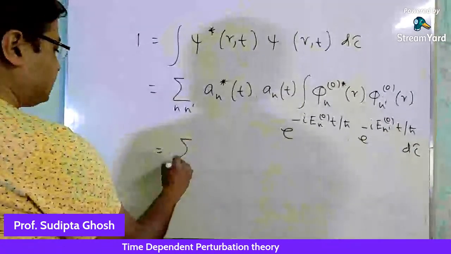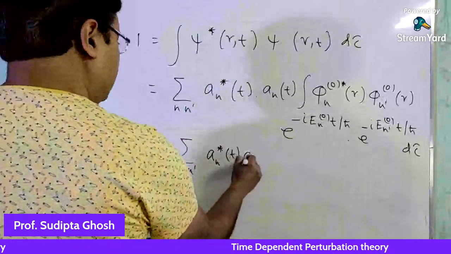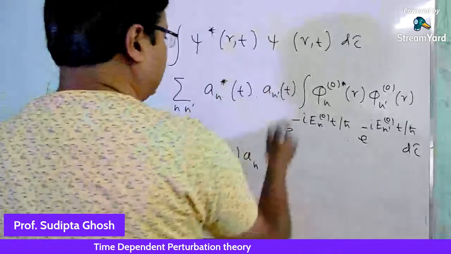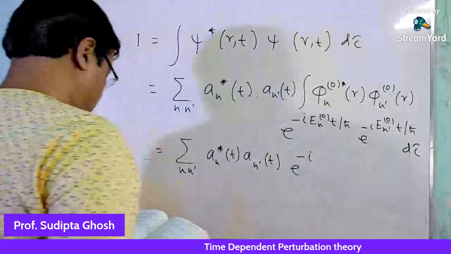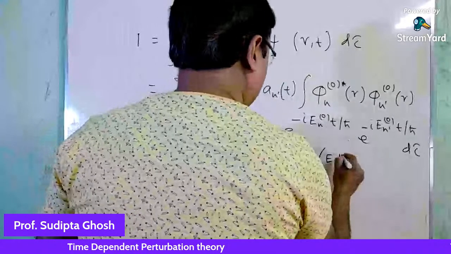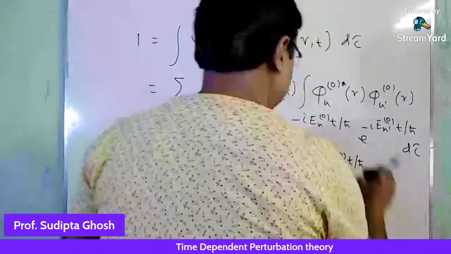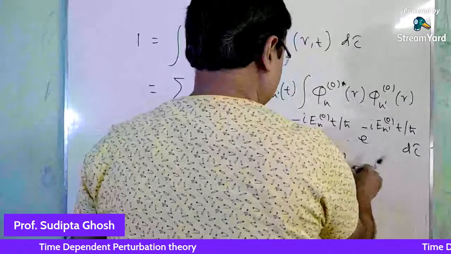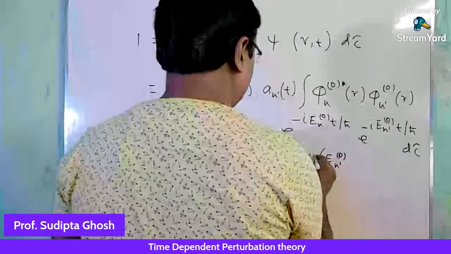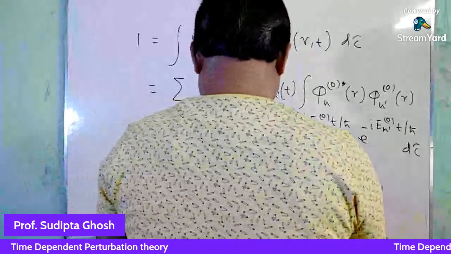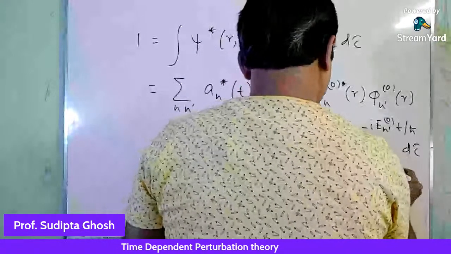So we can write it as the summation over n prime of a n star t a n prime t, e to the power minus i by h cut times t, en prime 0 minus en 0, d tau.